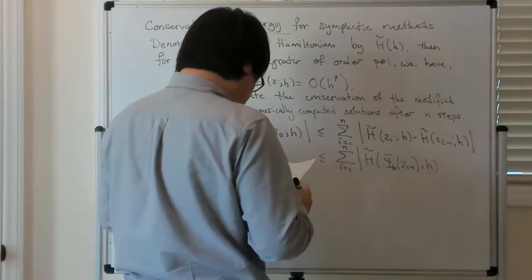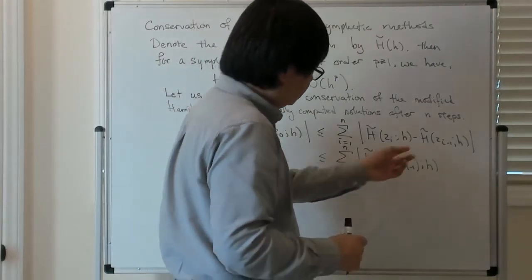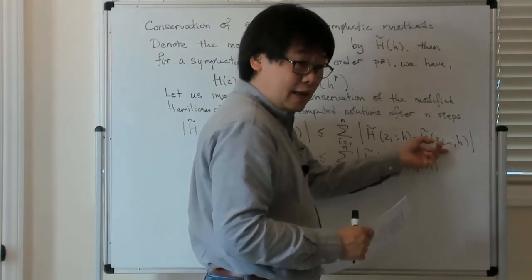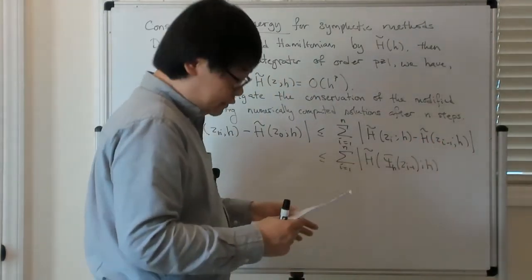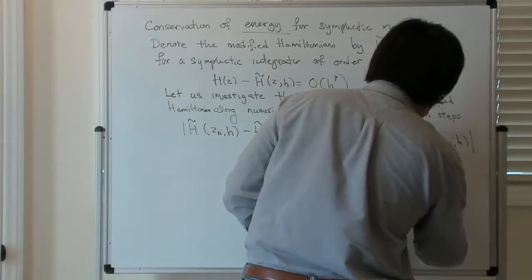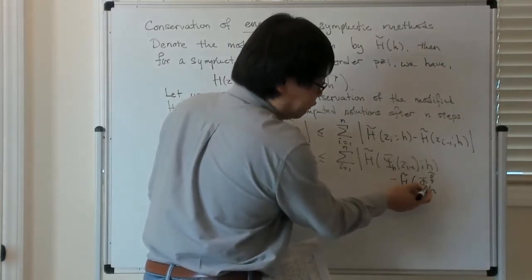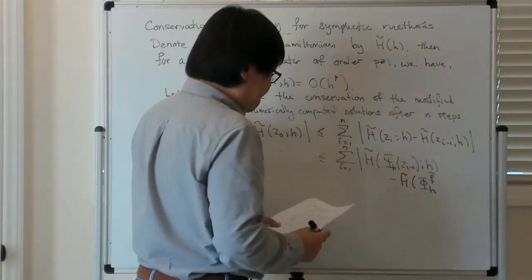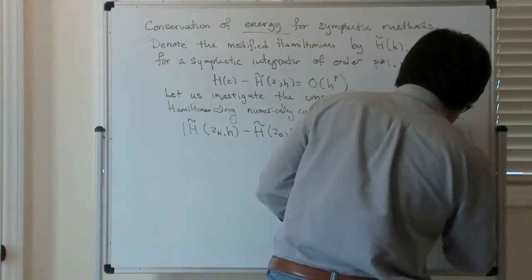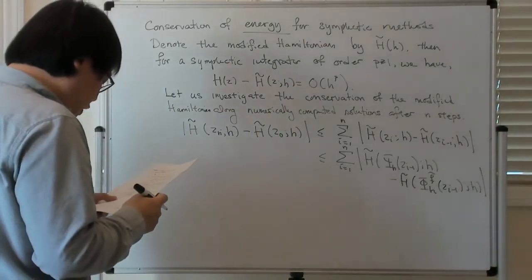And then here I'm going to use the fact that the modified Hamiltonian is a constant of the exact flow associated with the modified vector field. So this is minus H tilde, the exact flow map of the modified Hamiltonian vector field, if you will, applied to Zi minus 1, and then you take the absolute values.